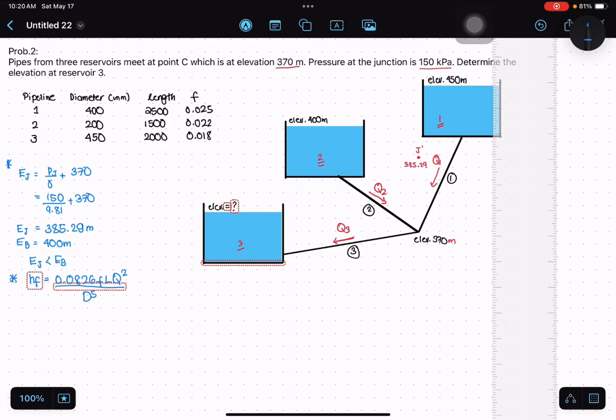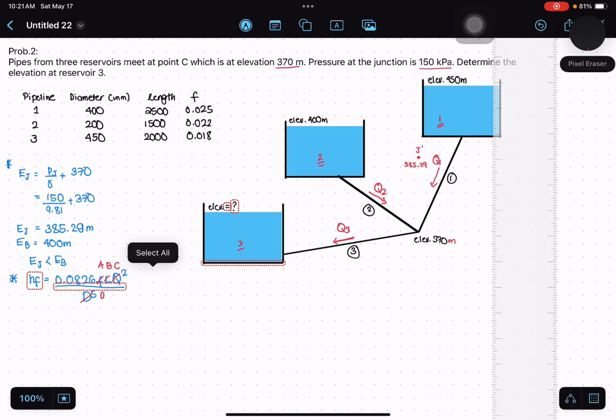Again, para hindi kayo paulit-ulit na nagsusulat sa calculator, you can let F as A, then L gawin yung B, then yung Q, pwede siyang C, then D is D.